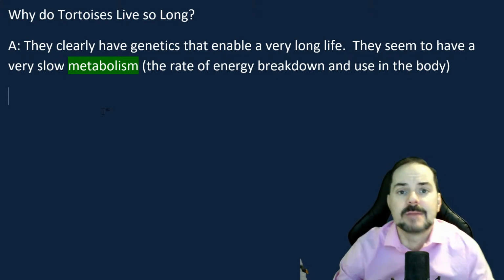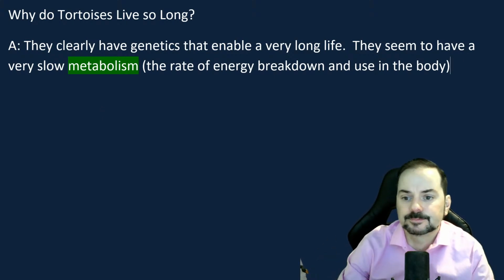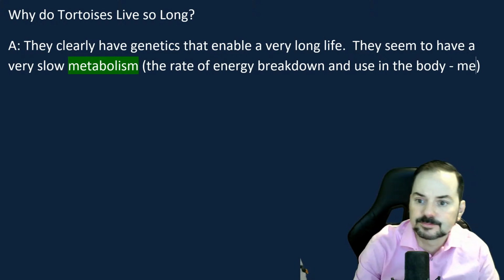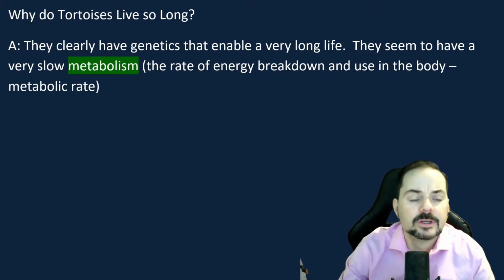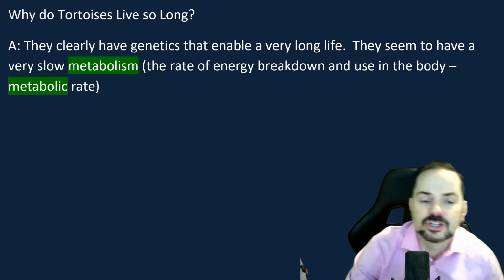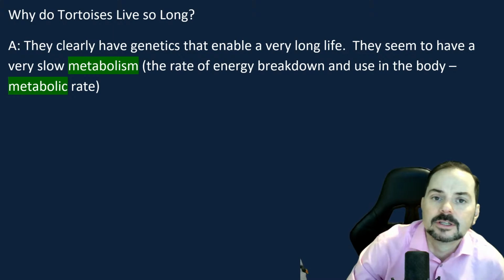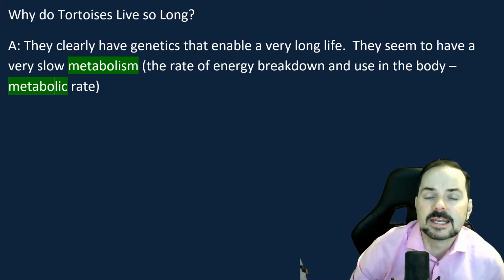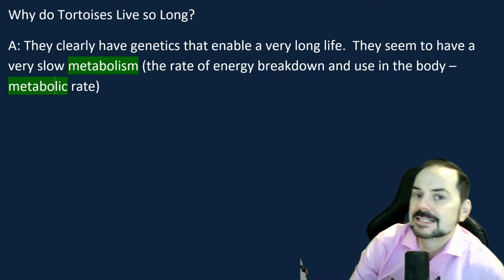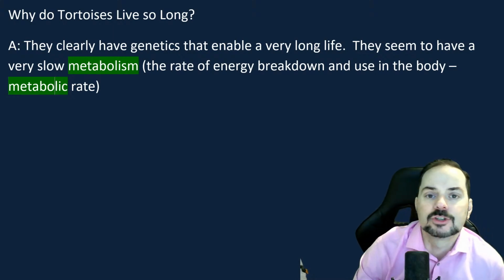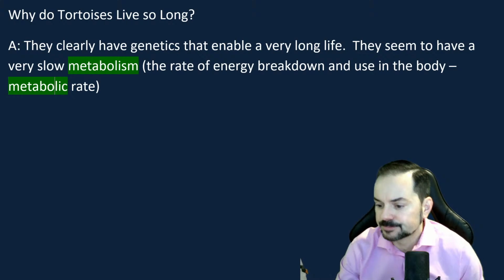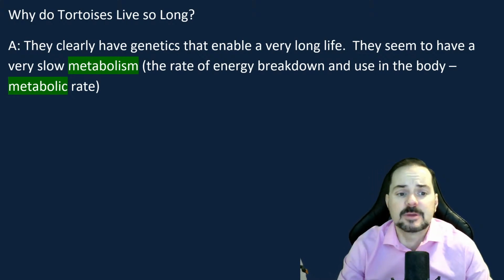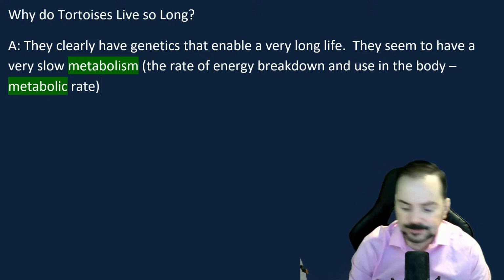The metabolic rate, you can even think about this. Metabolic rate, there's your adjective form. Metabolism is the noun, metabolic is the adjective. So the metabolic rate is the speed at which our body processes energy in terms of breaking down food, converting it into usable energy. Okay, Chani says maybe they have a strong immune system.